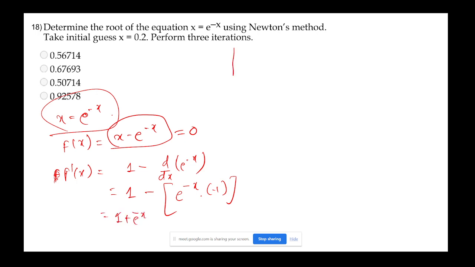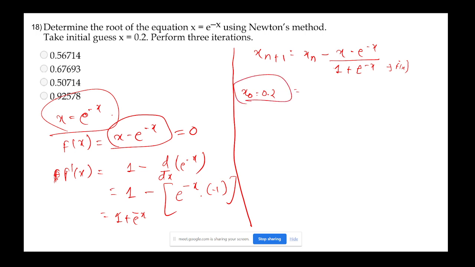So if you write down the formula, x(n+1) equals x(n) minus f(x) upon f dash x, that is, x minus e raised to minus x upon 1 plus e raised to minus x. You need to start with x0 equals 0.2.